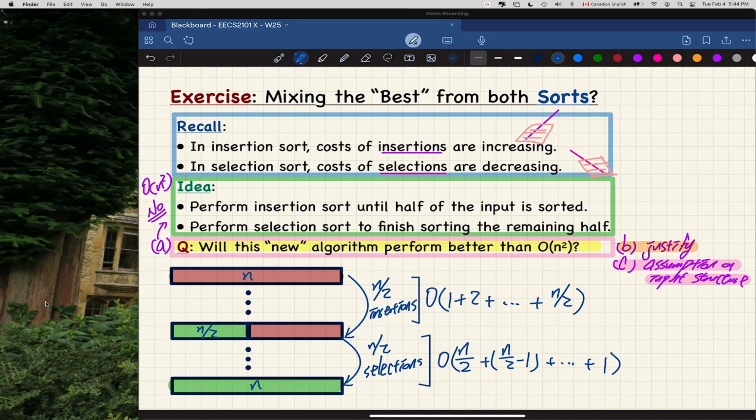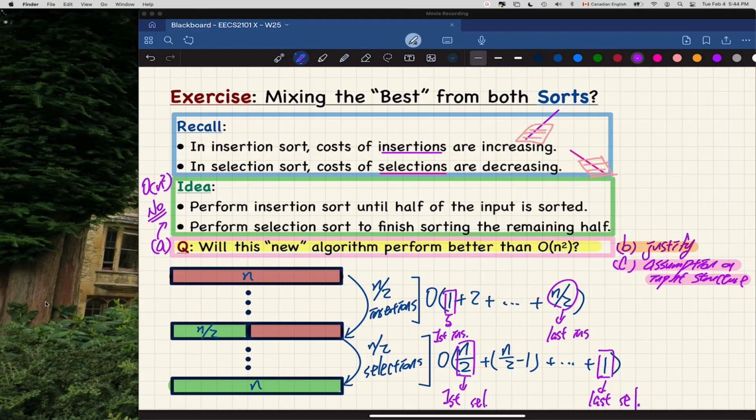Both of them are arithmetic sequences, right? Let's now take a look. You can think about this one here as the first insertion. And this will be the last insertion. And this one here will be the first selection. And this will be the last selection, right?